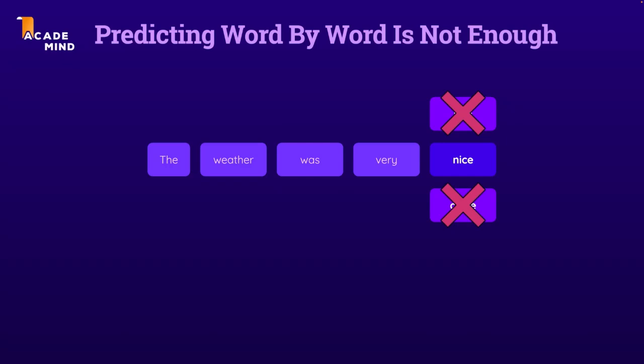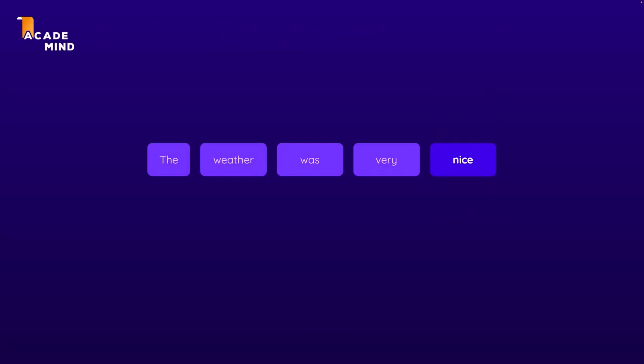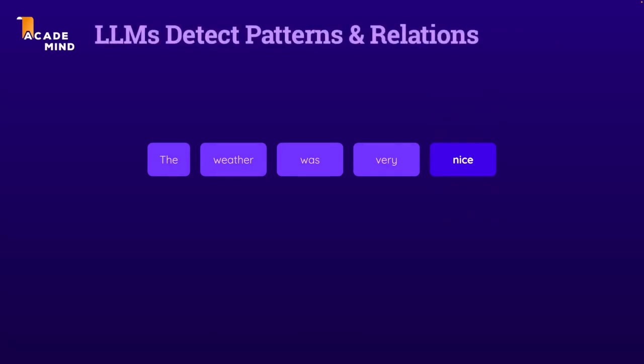Now, what's important to understand about this word prediction that's performed by ChatGPT is that the predicted word, nice, for example, is not just based on the word directly in front of the word that's being predicted, but instead these GPT models are able to understand more complex sequences and relations. For example, the GPT models would be able to understand that nice makes sense here because it's related to the weather, not to the word very.